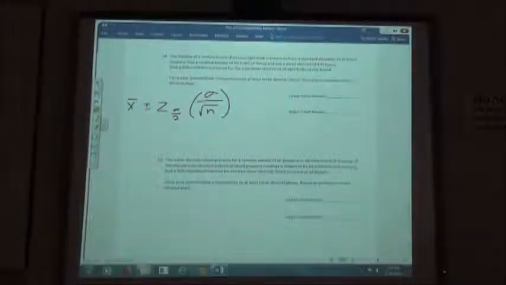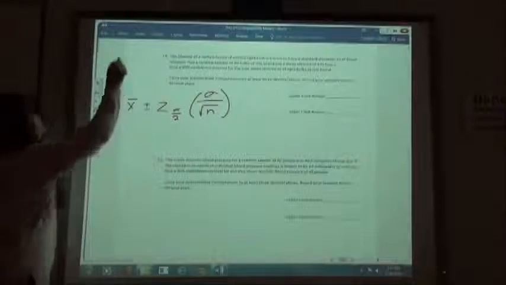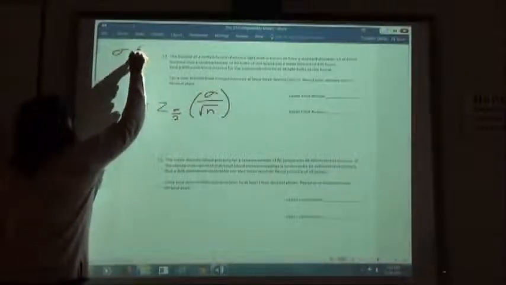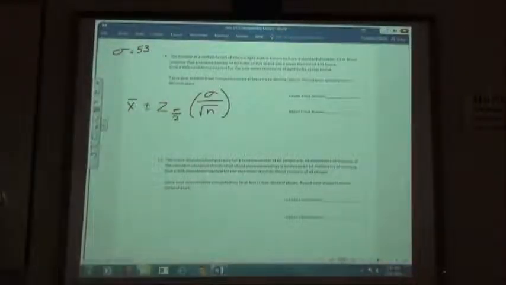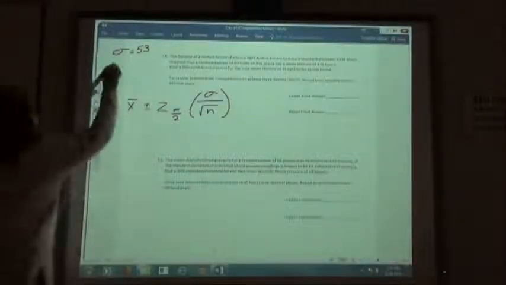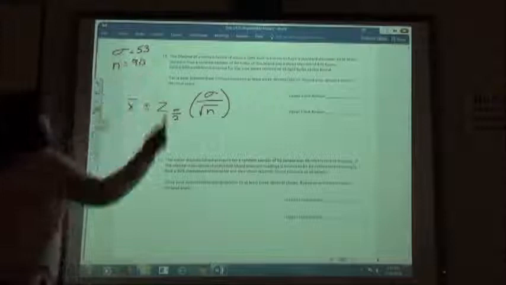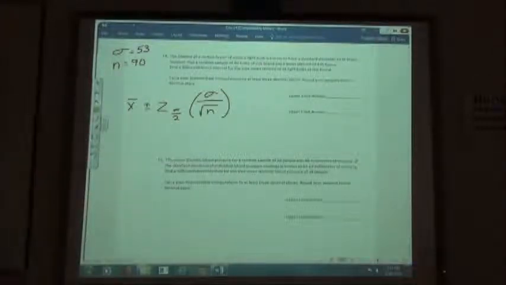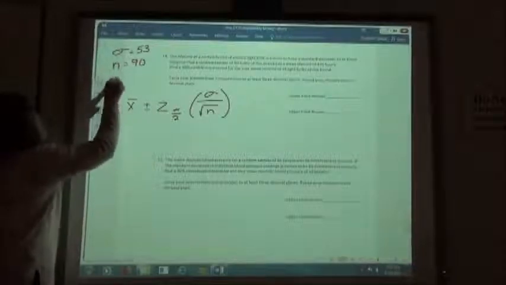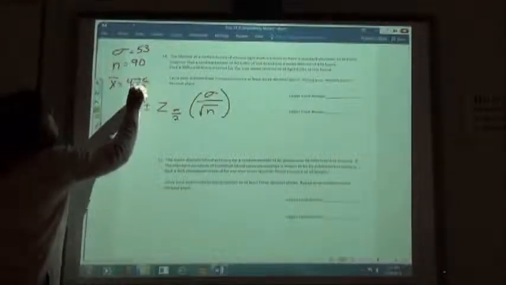The lifetime of a certain brand of electric bulb is known to have a standard deviation of 53 hours. Suppose that a random sample of 90 bulbs, so N is going to equal 90, has a mean lifetime value of 475 hours. X bar is going to be 475.